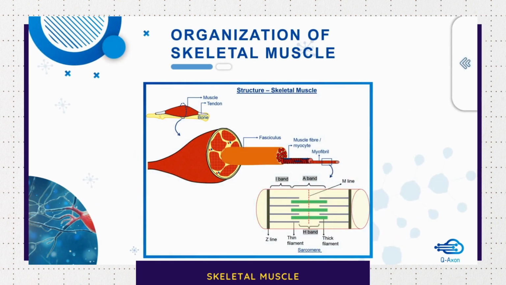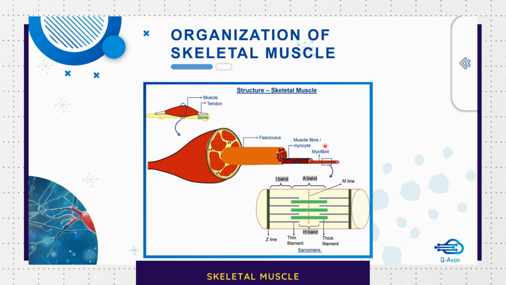Now let's begin by understanding the organization of skeletal muscle. As you can see in this diagram, the skeletal muscle is made up of many bundles of fibers. Each bundle is called a fasciculus.